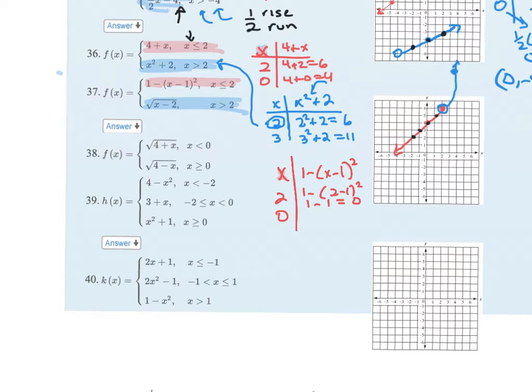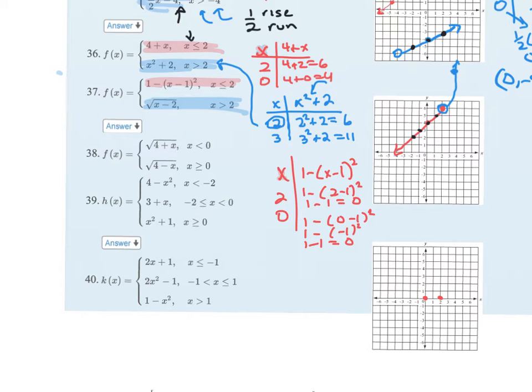And then I'll plug in 0: 1 minus (0 minus 1) squared, negative 1 squared is 1, so 1 minus 1, and I graph the ordered pair 0, 0. So that would be for the red one, so let me get that on here. It's going to be a closed circle on the 2, so 2, 0. And then I'm going to graph the ordered pair 0, 0.